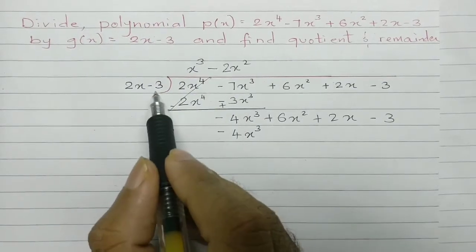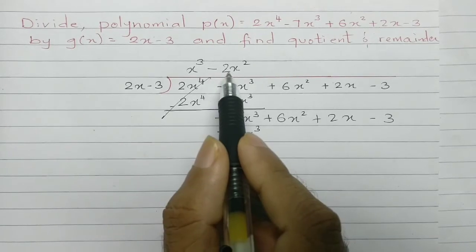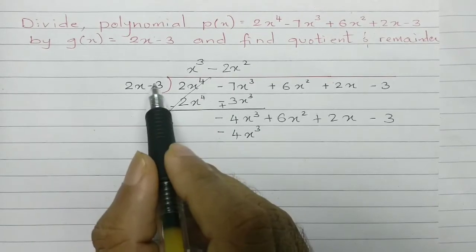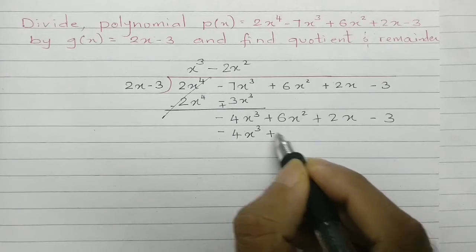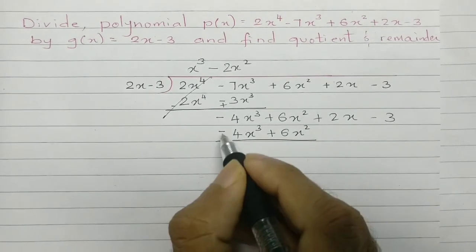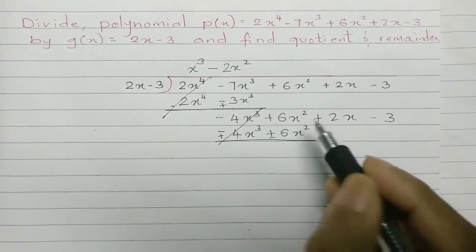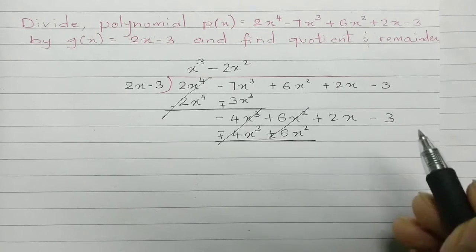If I do that, then only I'll be able to replicate. Remove this and this will become minus and minus plus. 3 2s is a 6x square. So plus 6x square. Okay. Change the sign. Minus will become plus. Plus will become minus. Cancel this and this also will get cancelled.